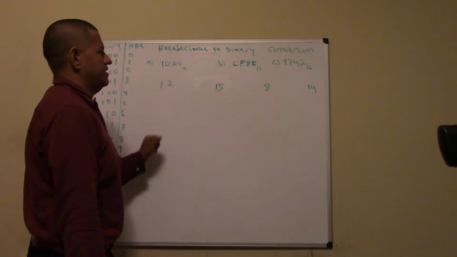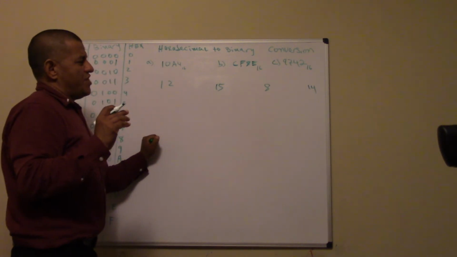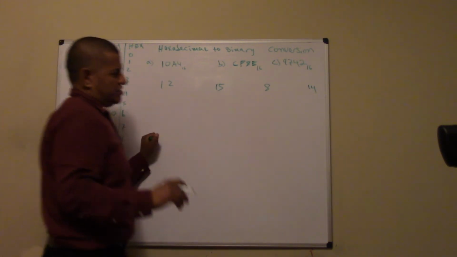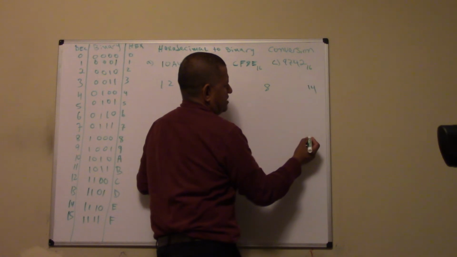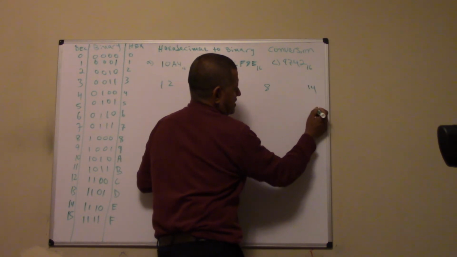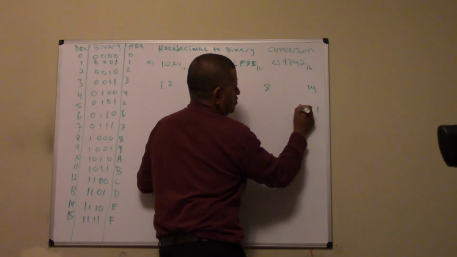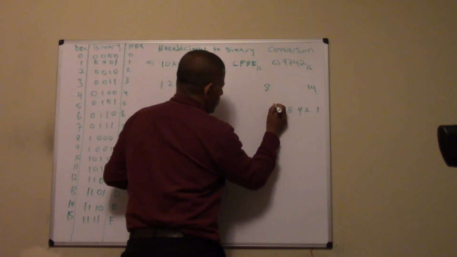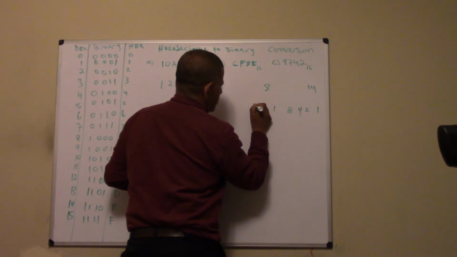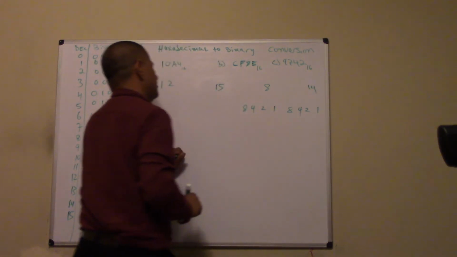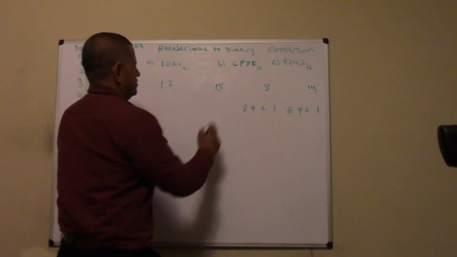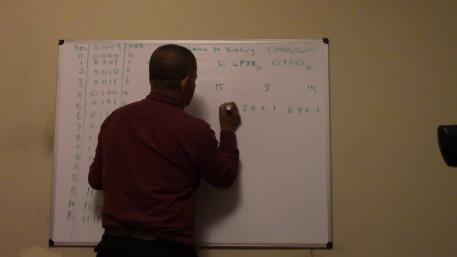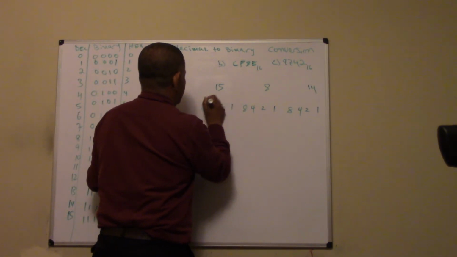Let's start with 14. How do I get 14? It's again 1, 2, 4, 8. That's for the 14. And I do 1, 2, 4, 8. That's for the 8. And I do 1, 2, 4, 8.